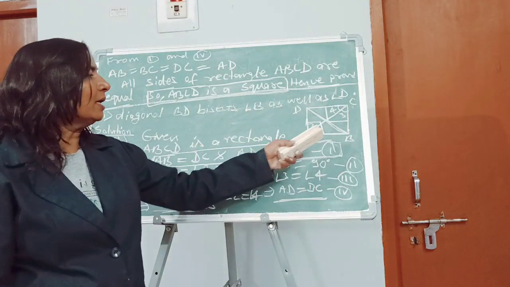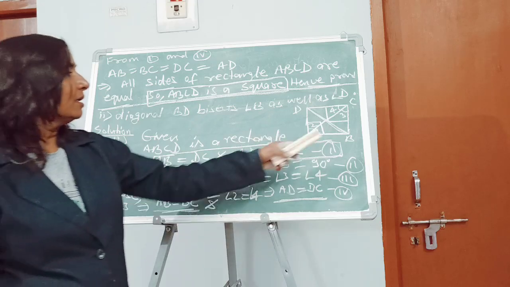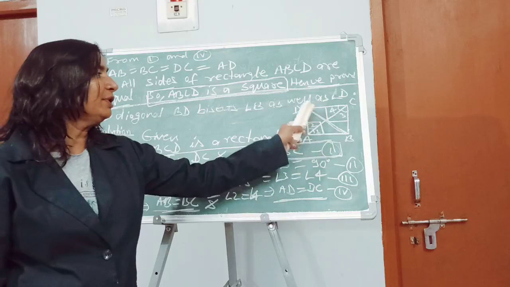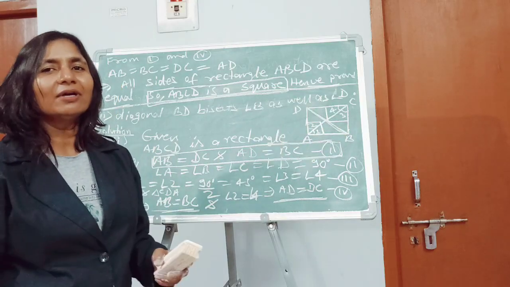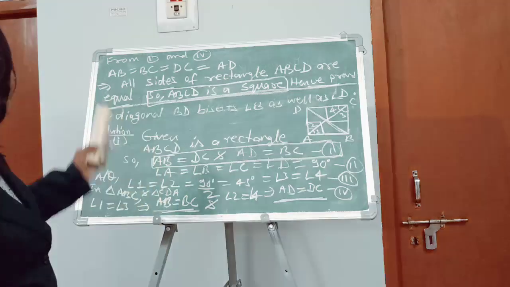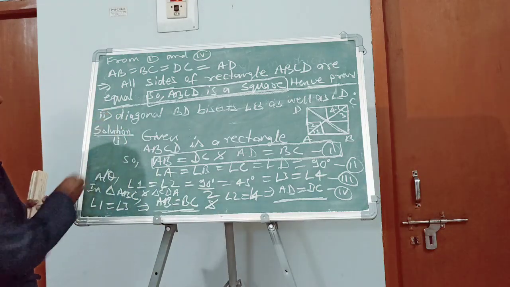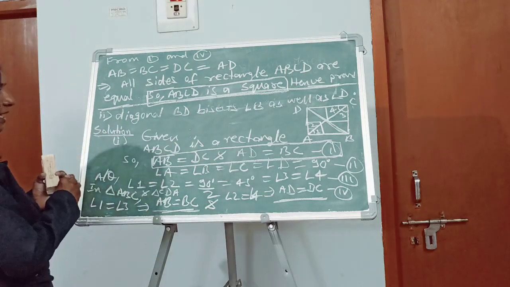In a square, diagonals bisect angles. So if BD is a diagonal, then BD will bisect angle B as well as angle D by the properties of a square.